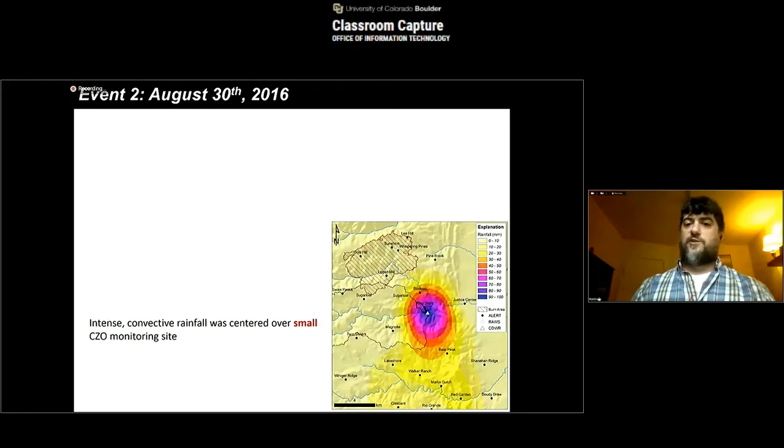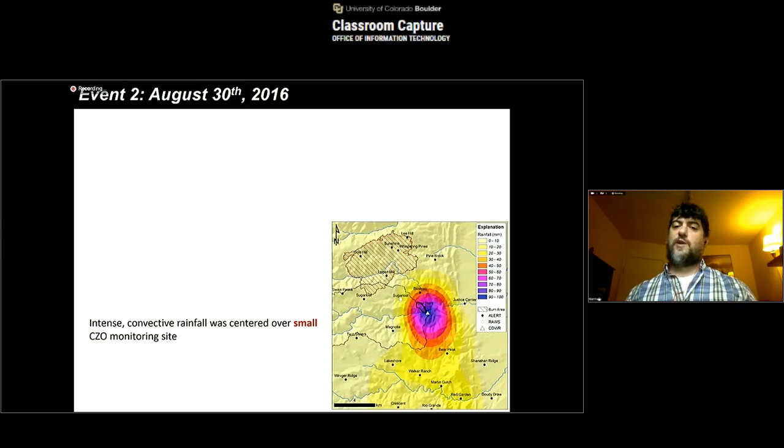Now, I just want to show you one other event because we're super lucky to catch it here. Some of my collaborators in Earth Lab, we're fortunate at University of Colorado that we are part of the Critical Zone Observatory Network. We happen to have a small catchment gauged along Boulder Creek that was heavily instrumented. So it's got rain gauges, it's got a little flume so we can measure discharge in this really small side tributary of Boulder Creek.